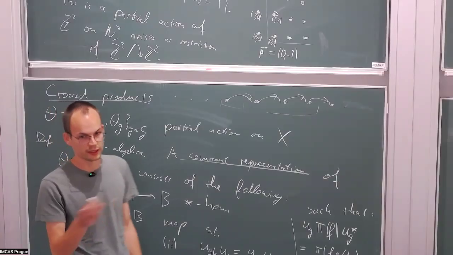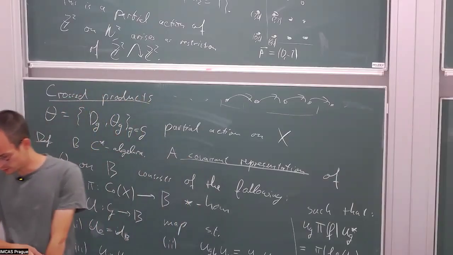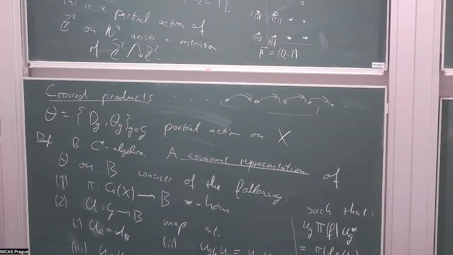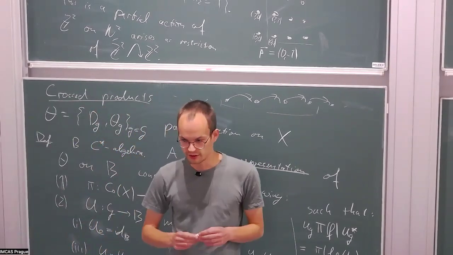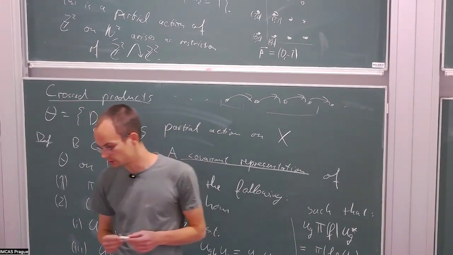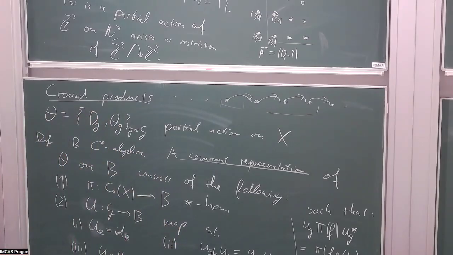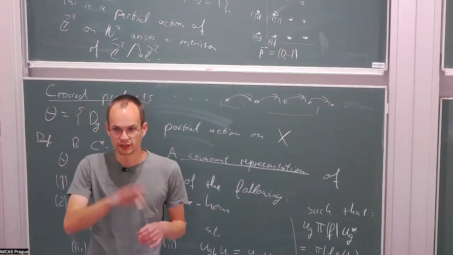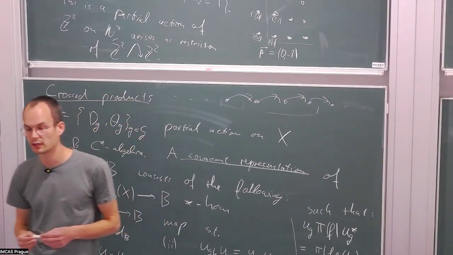You take some GNS Hilbert space of C of X in this case, which would probably be some L2 space, and then you take the regular representation of the group, and then you take the completion inside there. The full cross product you would have to construct in a universal way, by realizing it as a universal C-star algebra: these are my generators, these are my relations, and then I just take the biggest C-star completion that exists.